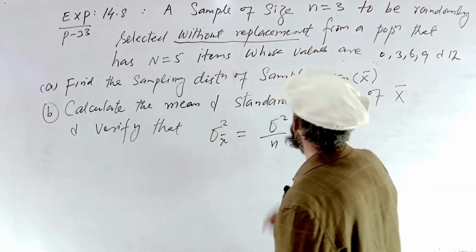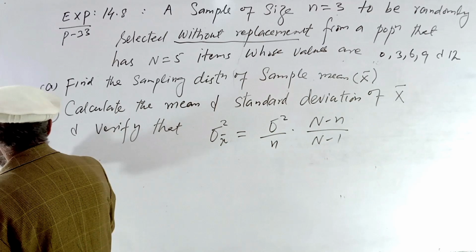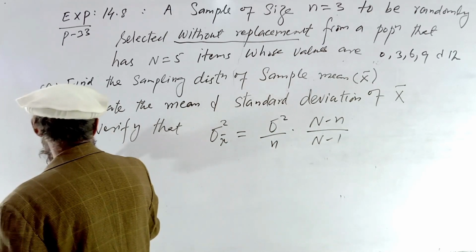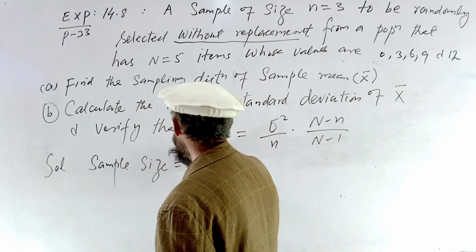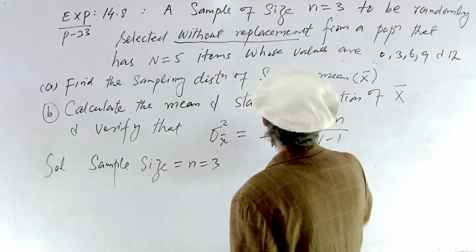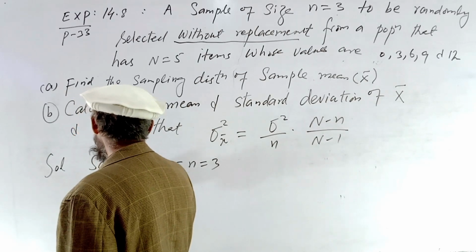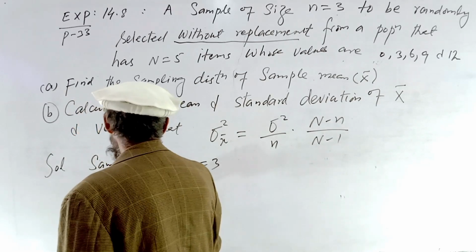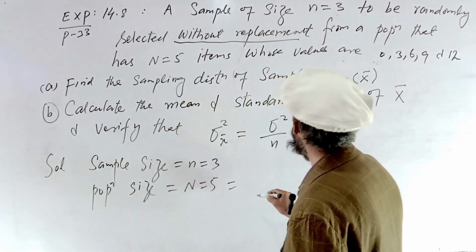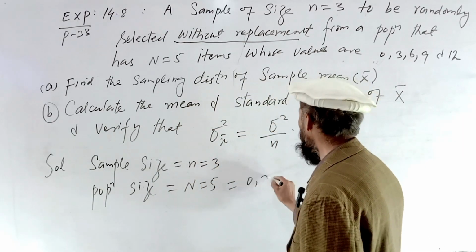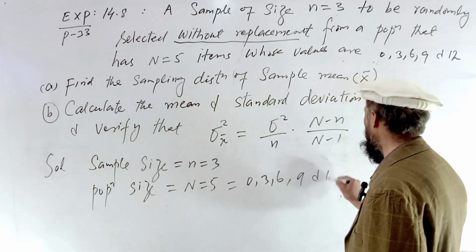The sample size is given as n equal to 3, and the population size, capital N, is 5, and the population values are 0, 3, 6, 9, and 12.